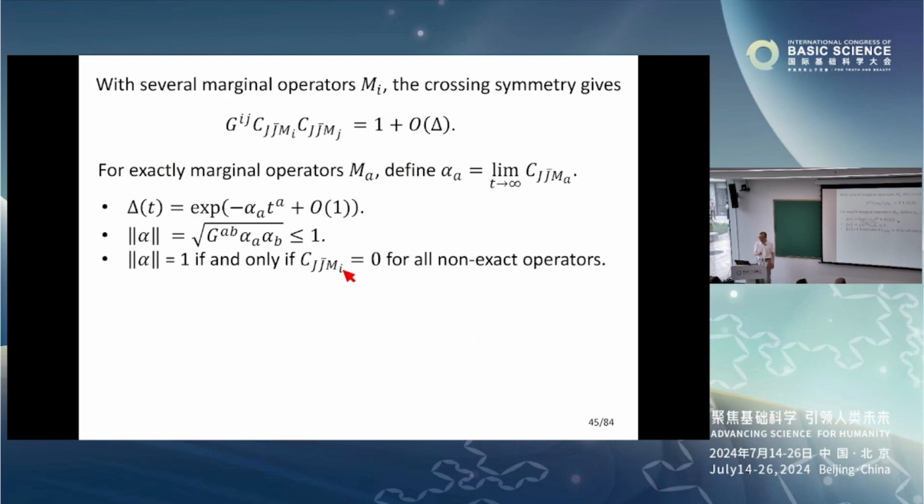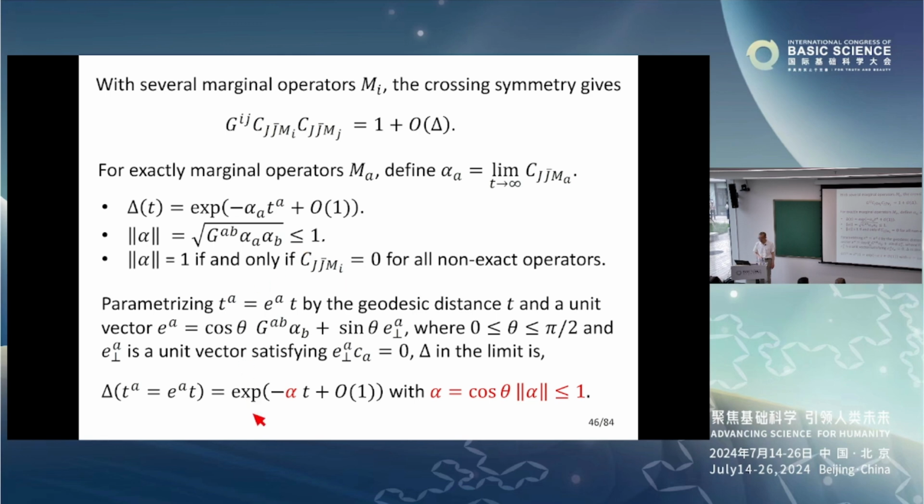So from that, by using some simple linear algebra, you can prove that you can still have this exponential linear behavior, but alpha is bounded by some number which is less than 1, where the absolute value of alpha can be less than 1 because the sum of the operators may be marginal but not exactly marginal. And so when all the operators are exactly marginal, the absolute value of alpha is 1.